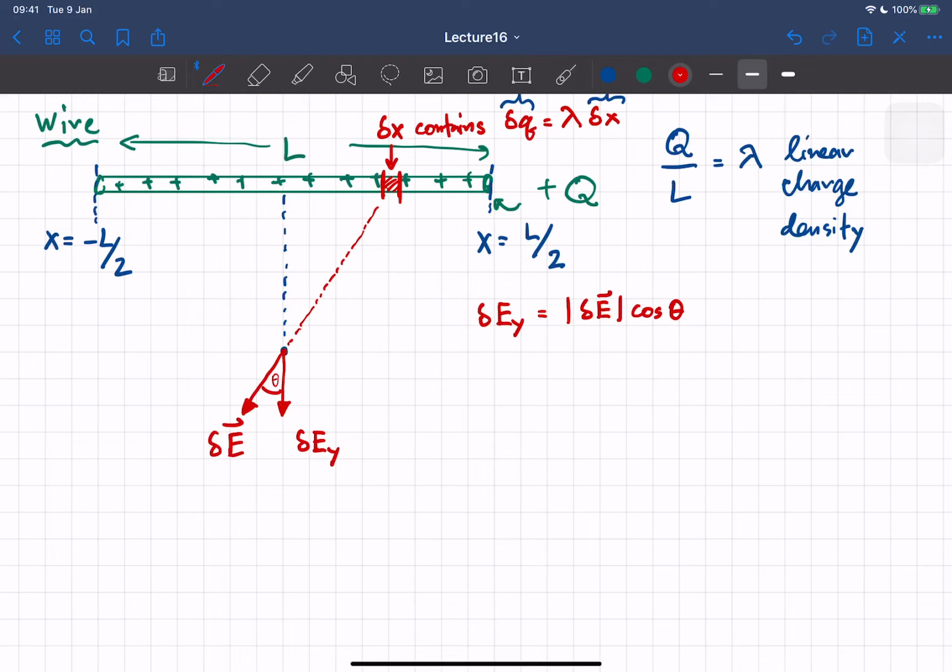I hope it's clear what I'm doing at this point. This is the y component of delta E, so it's just delta E times cosine of that angle.